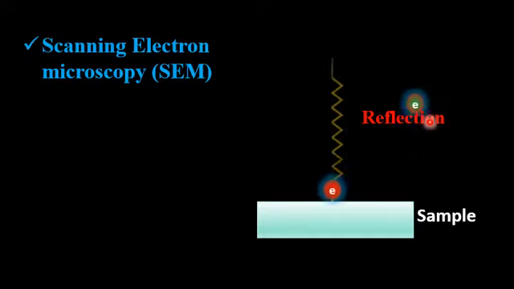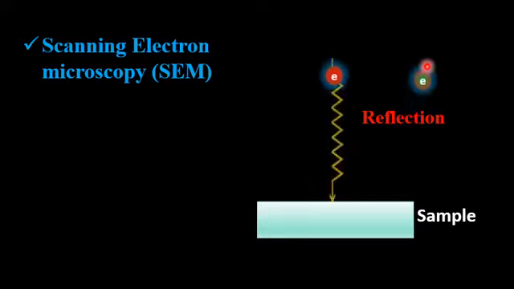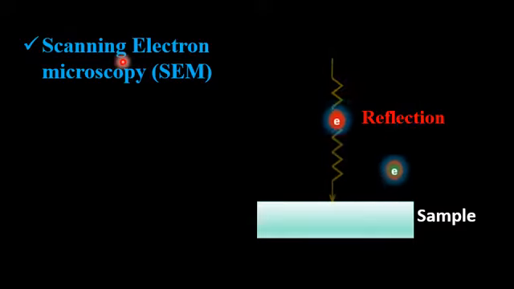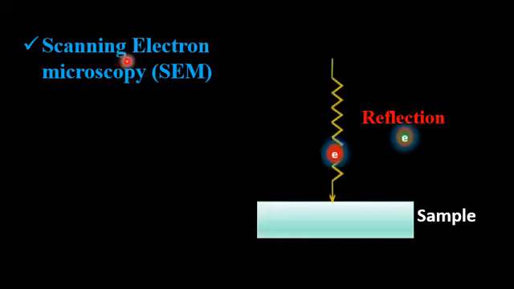On the basis of the reflected electrons from the target surface, you get information about morphology, topography, density of the material, even the composition of the material, as well as elemental analysis, by using scanning electron microscopy.